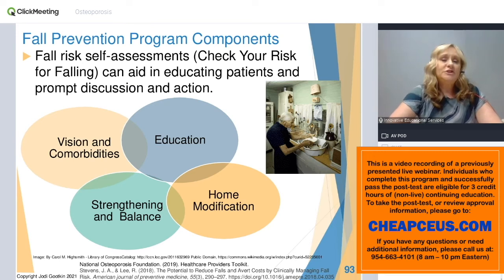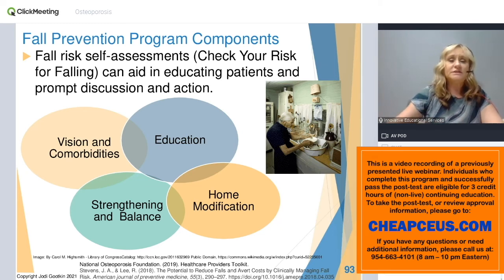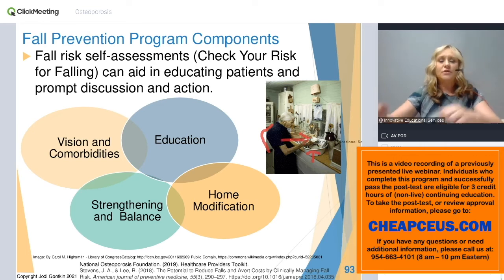Our fall prevention components are going to be implemented once we've identified it. A big push is to decrease that potential of falling to avoid hopefully those negative consequences of that potential fracture. Looking at this woman who clearly has a significant kyphosis, my concern here would be the height that she has of this bowl as she's washing her dishes in, how far away her arms are with the weight of that plate.